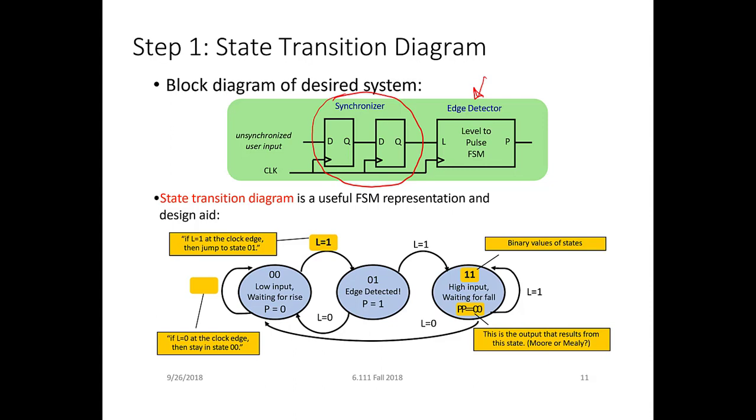So I told you the most important difficulty that students find in designing FSMs is what should be the states. So imagine that you have this level as your input.